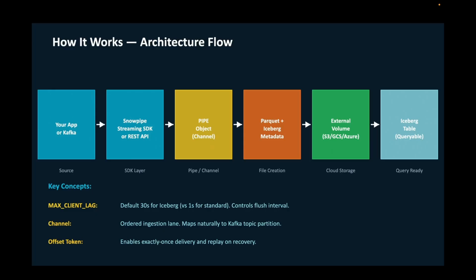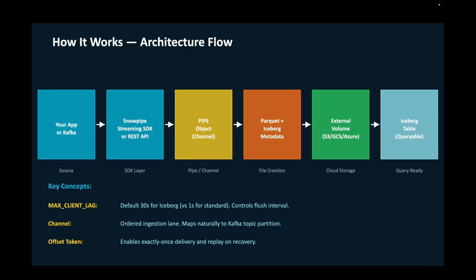The max is 30 seconds. Whereas for Snowflake native tables, it is only 1 second because Snowflake has the ability to stream the data into micro-partitions, and under the hood it uses a high performance architecture to read the data which is stored in Snowflake.